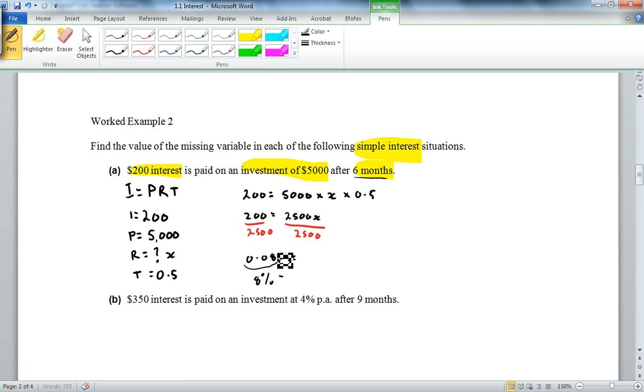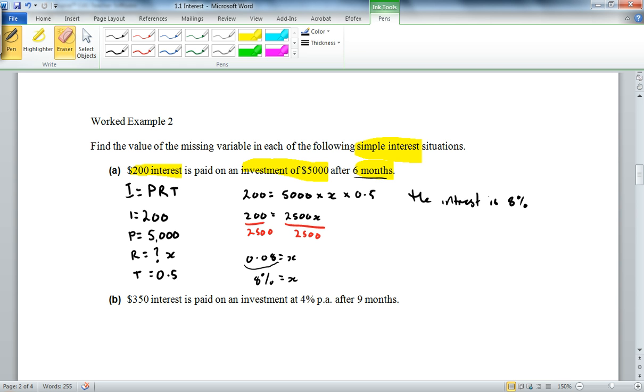Alright, because we have to times it by 100 to get into the percentage. So we answer it in words now. The interest is 8%.